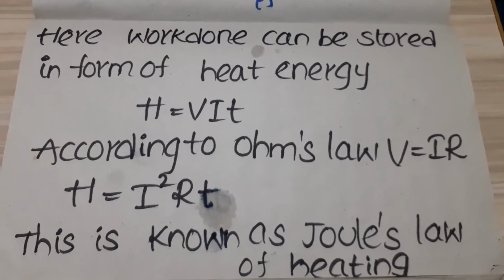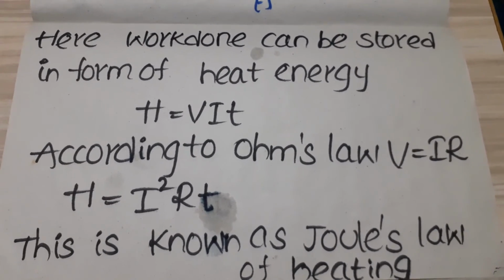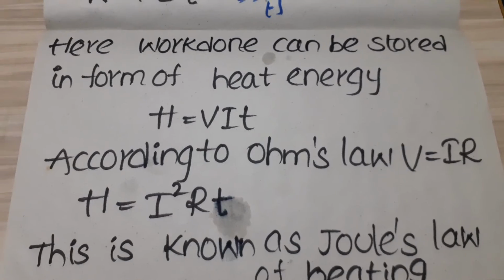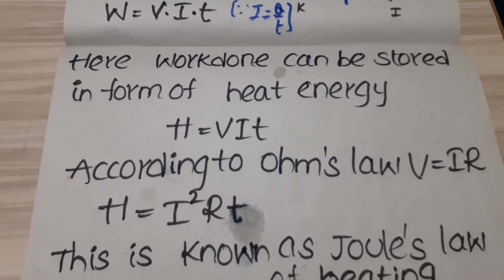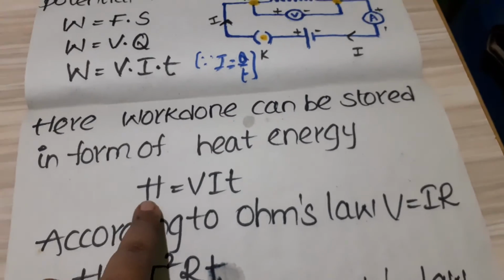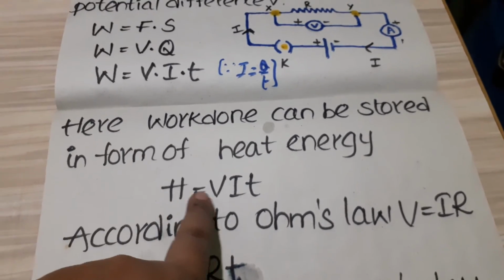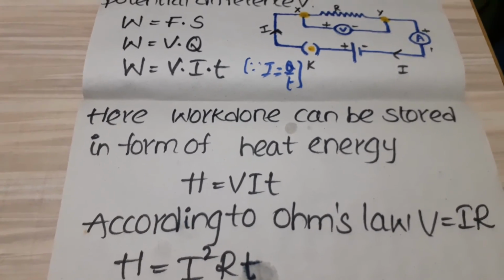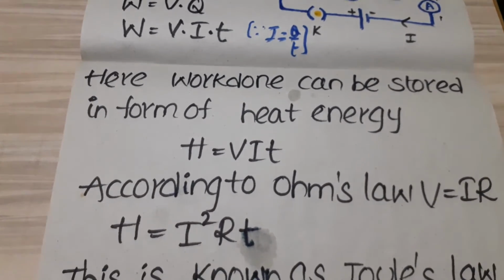You have already studied in 9th class the chapter on work, power and energy. Work done can be stored in the form of heat energy. So heat H equal to VIT.